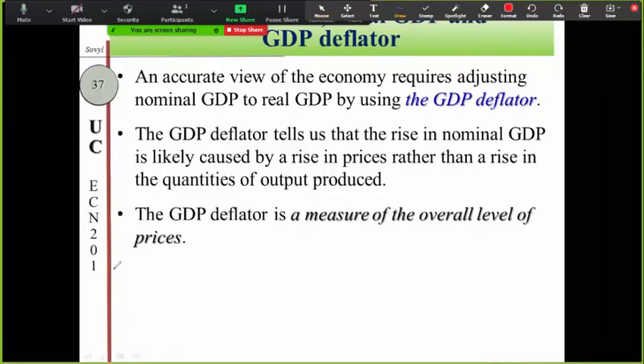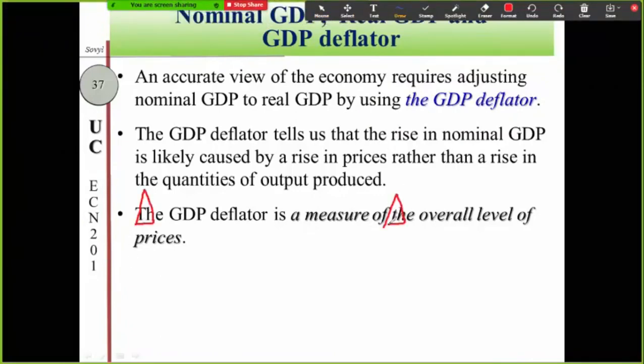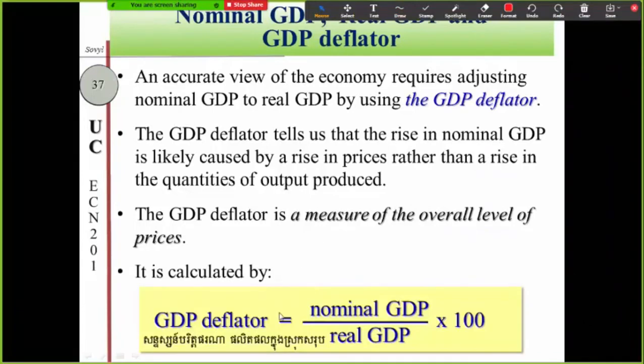That's why a change in the GDP deflator means a change in the overall level of prices. The GDP deflator can be calculated by this formula: GDP deflator at year T equals nominal GDP at year T divided by real GDP at year T, multiplied by 100, but not a percentage.